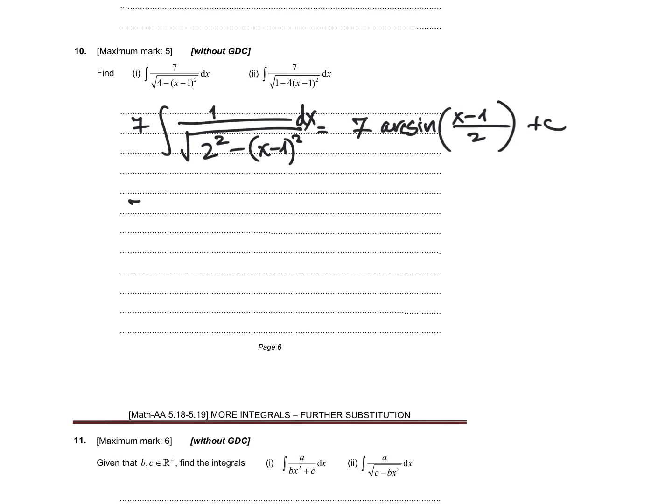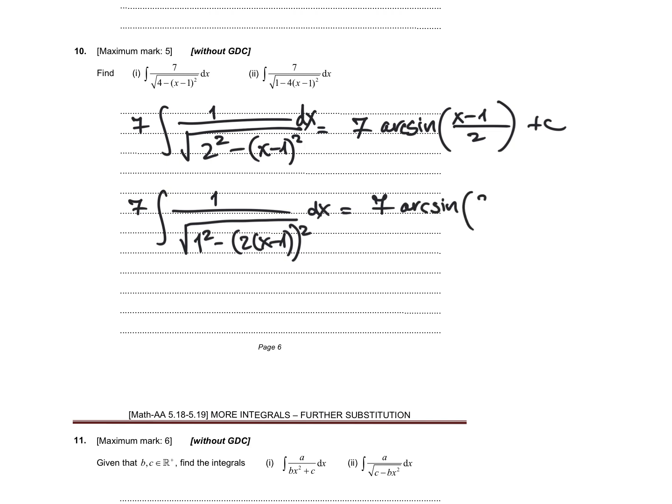And for double I, we're going to have 1 squared minus 2x minus 1 squared dx. So 7 arc sine 2x minus 1 over 1, divide by 2, reverse chain rule, plus c.